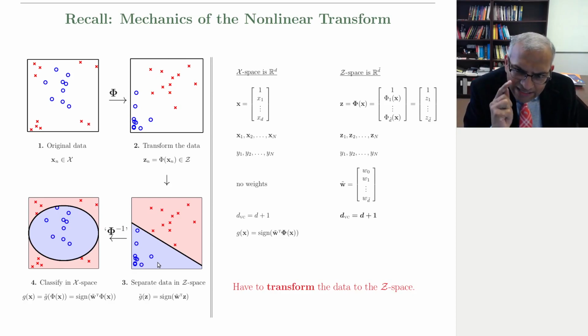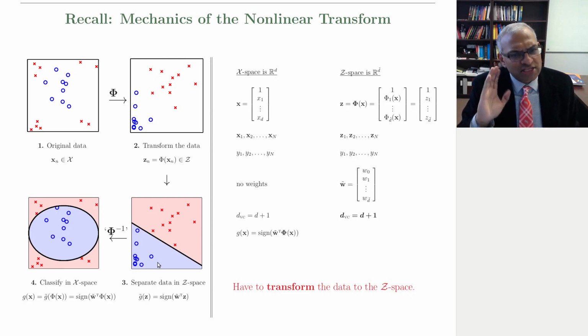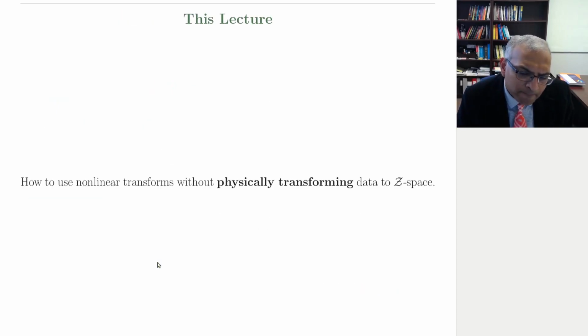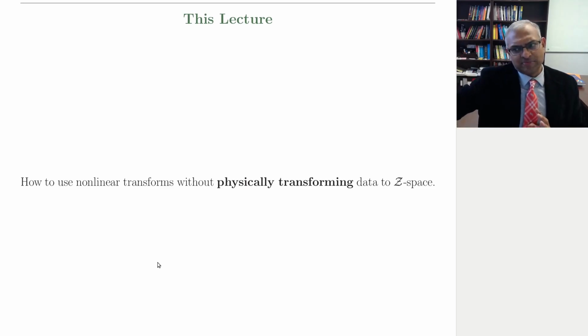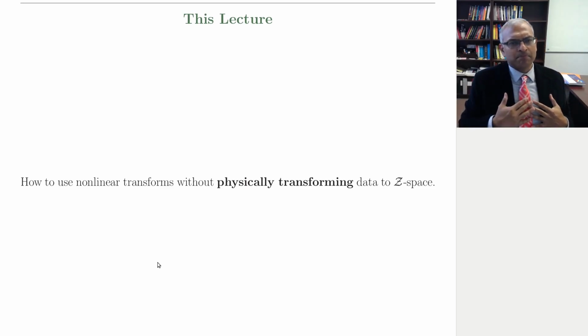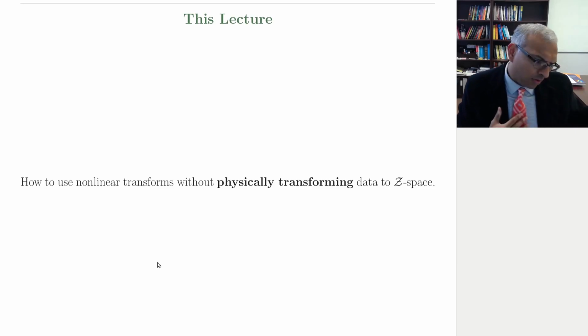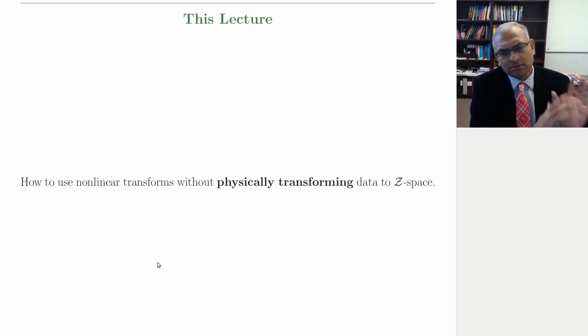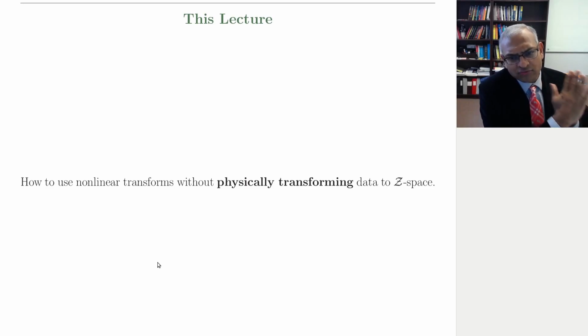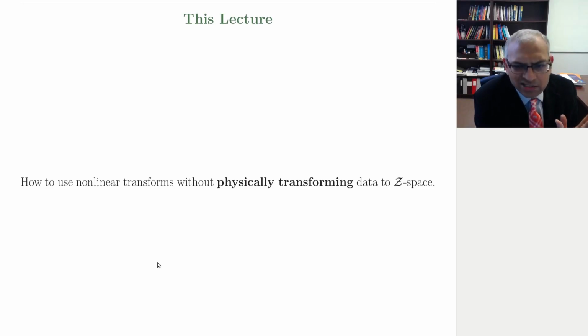Okay. So today, the main goal is to see how we can implement the nonlinear transform without physically transforming into the Z space. So think about what that is going to buy us. On the one hand, the optimal hyperplane controls the generalization error, controls the overfitting, almost independently of dimensions.